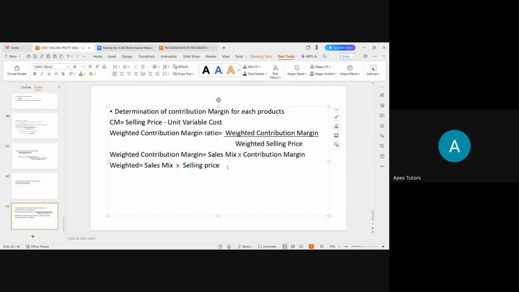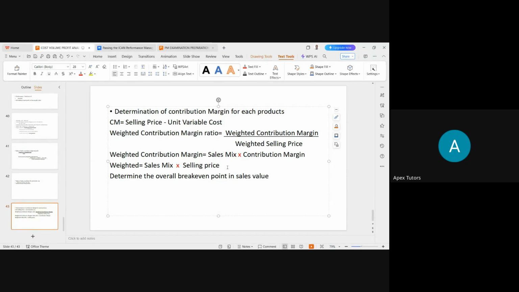So also, for you to determine the overall break-even point in sales value, in sales value is different from in units.